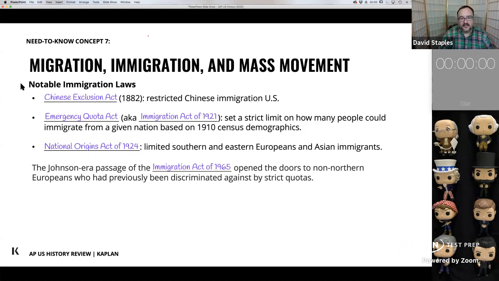In the Lyndon Baines Johnson era, the Immigration Act of 1965 finally lets people from other countries into the U.S. who had been limited since 1924. So 40 years before it opened the doors to them. That was a pretty long-term issue.